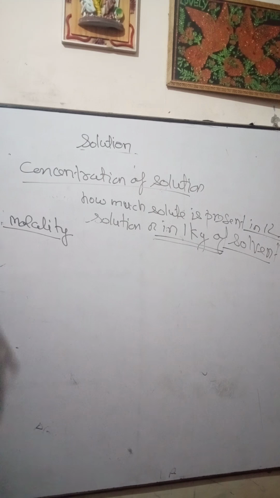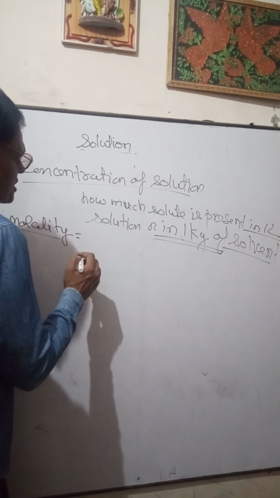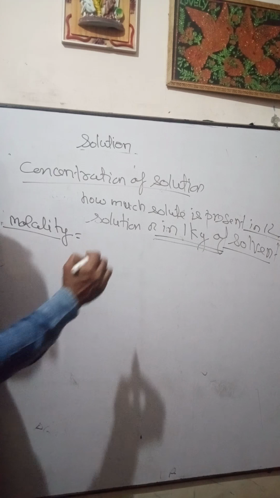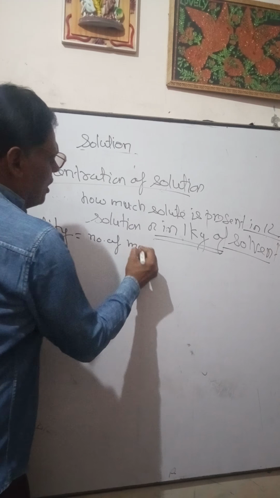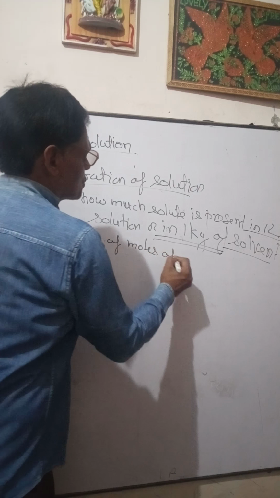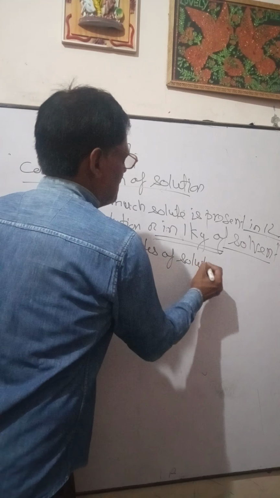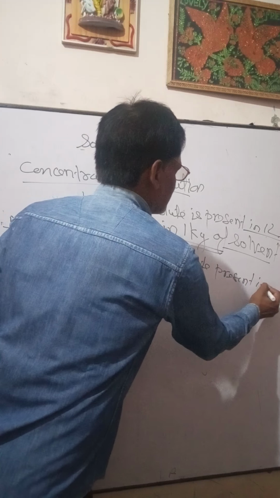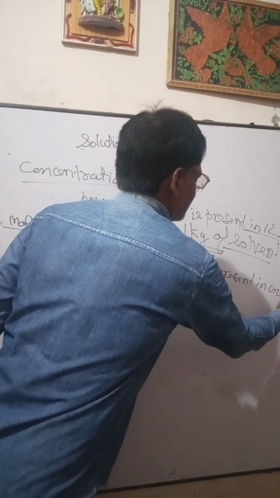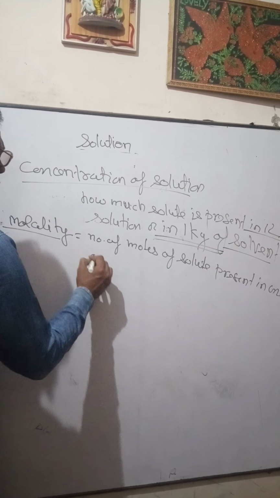So molality, what is it? Molality is defined as the number of moles of solute present in 1 kg of solvent.